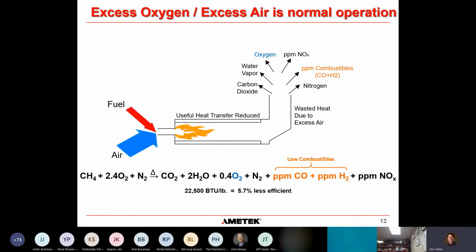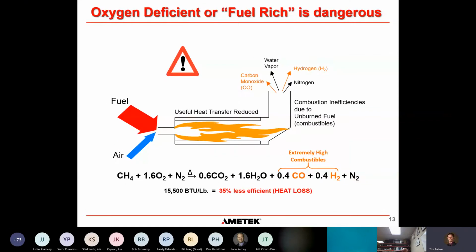But you generate low levels of combustibles, and we measure those with a combustibles detector, and that's normal for normal operations. But where we become concerned is when there's an oxygen deficiency or a fuel-rich condition. And if the heater is not designed to be in a reducing environment, then this is a dangerous circumstance.